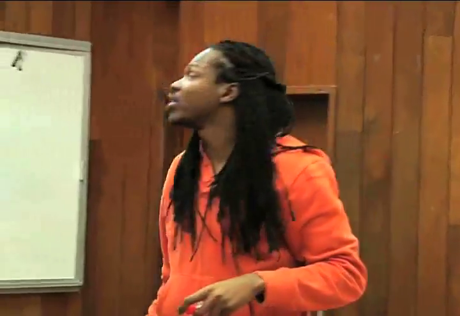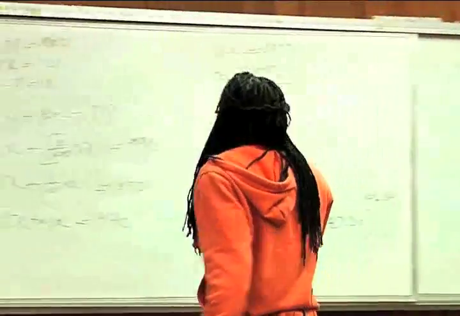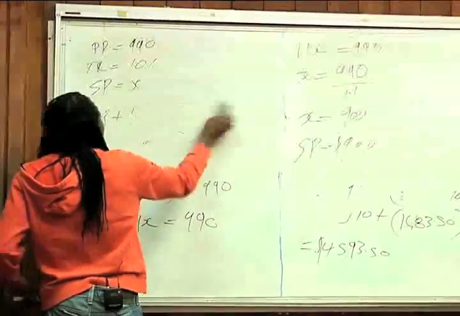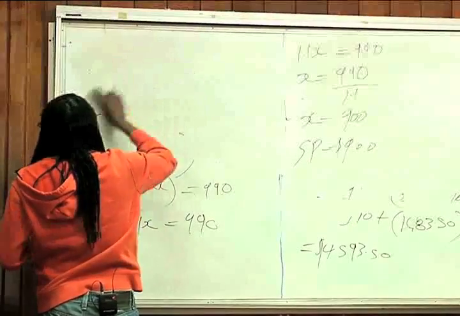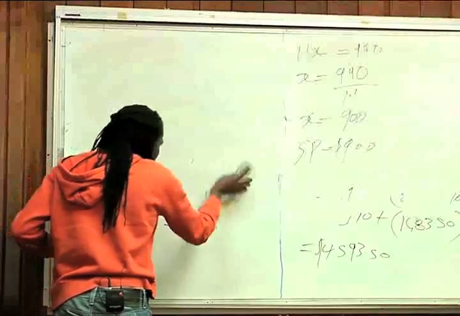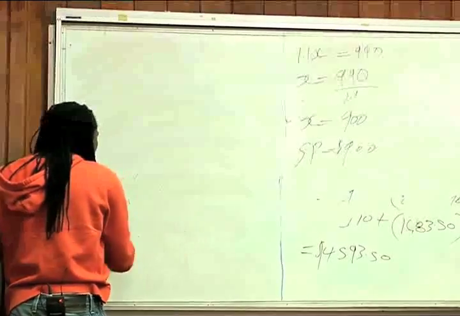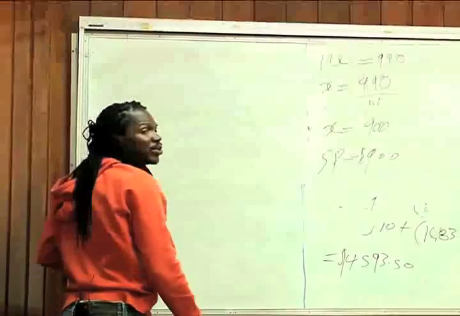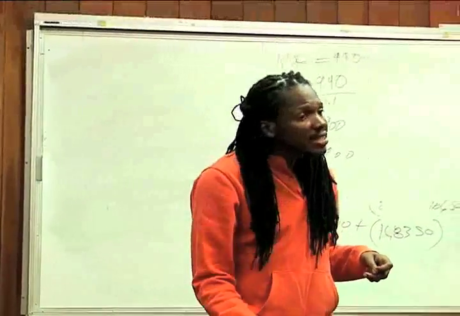So what are you going to start with? Where do you start? What you know. How much for the furniture? You start with what you know. It is what you know that is going to tell you how to find what you need to find.